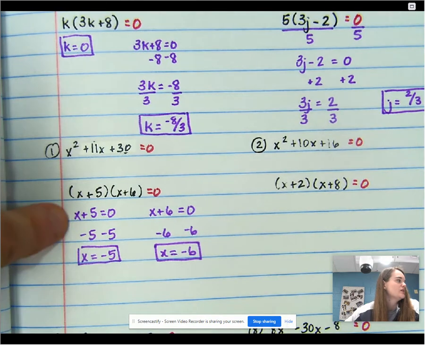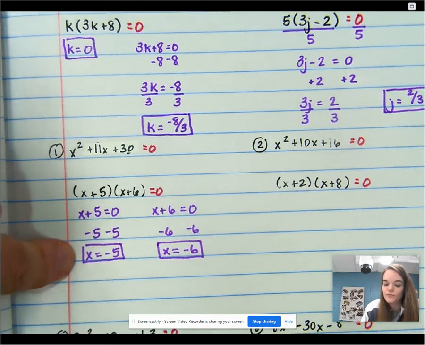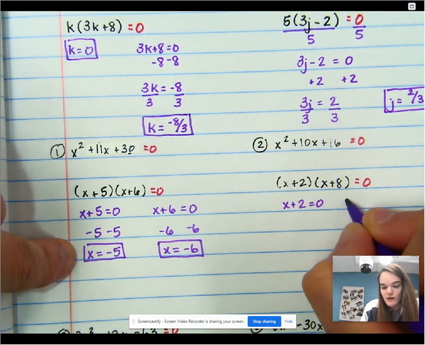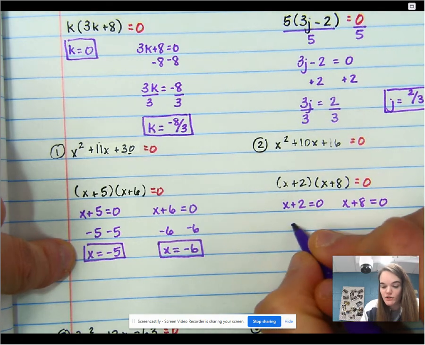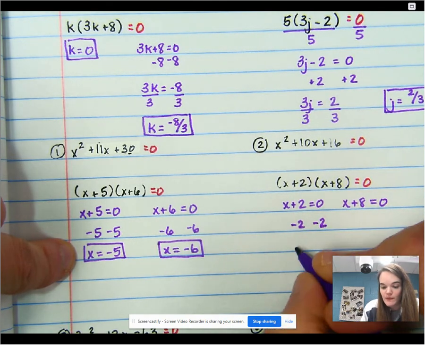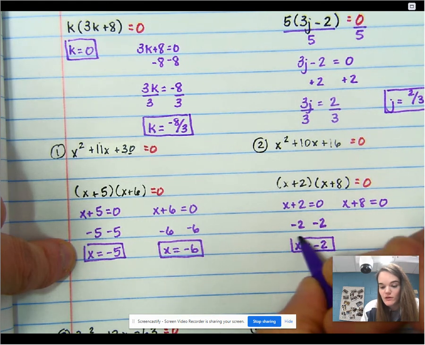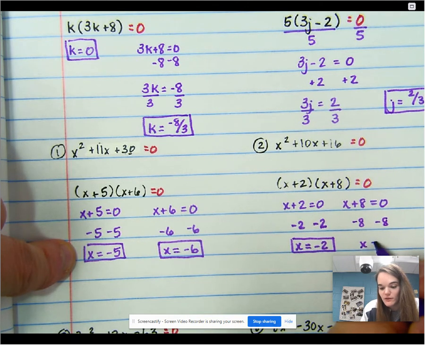If it says factor, this is your answer. If it says solve, these are your answers. Okay, number 2, x plus 2 equals 0. x plus 8 equals 0. Subtract 2. x equals negative 2. Subtract 8. x equals negative 8.